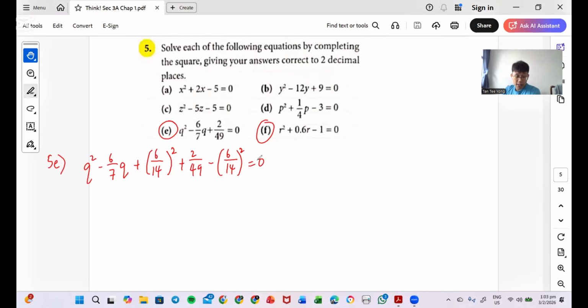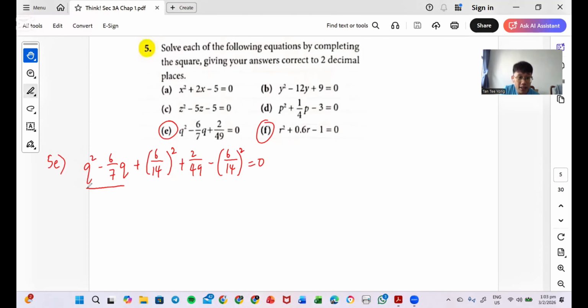There are a few steps here, which I can actually do on the equal to 0 side, but I choose not to. I choose to ignore the equal to 0 first, change the whole thing into completed square form, then I start to do. Maybe slightly more long-winded, but I think it's better to explain to everyone how we achieve the completed square form.